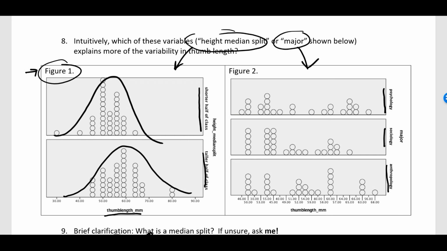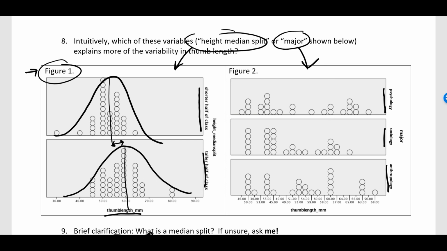If we estimate those shapes, we can see that they're a little bit different from each other. If I wanted to estimate where the center is of this one and the center of this one, they seem like they might be a little different. This data is clustered a little lower. This data is clustered a little bit higher.